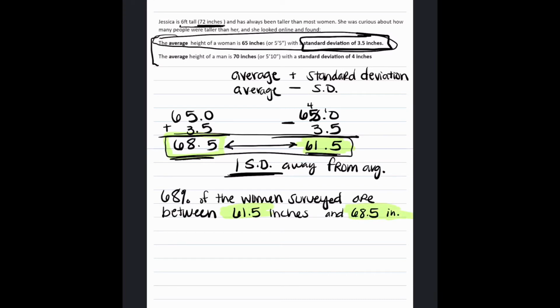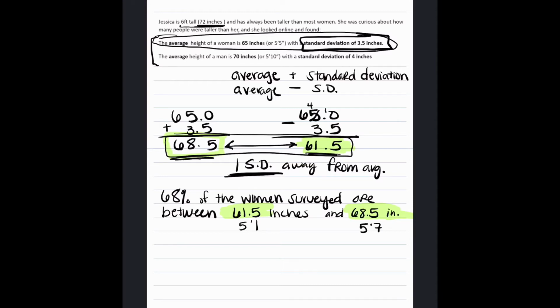If we wanted to think of that in feet, because I know it's kind of hard to envision what that is in feet, we would just divide it by 12. So 61.5 divided by 12 is 5.1, so that's like 5'1". And then 68.5 divided by 12 is, I believe, like 5'7".